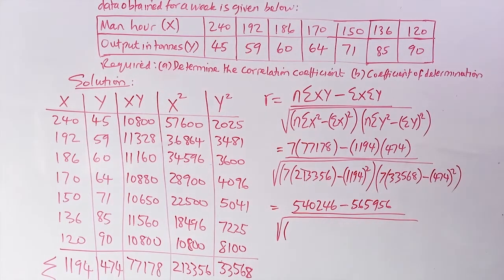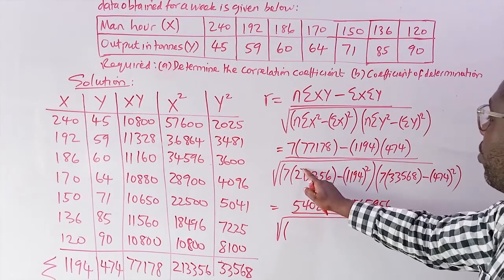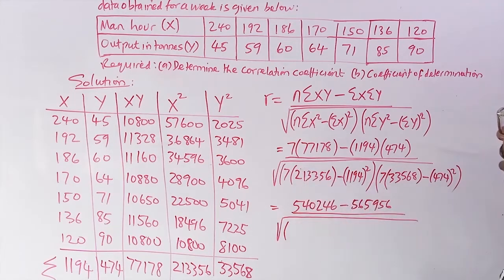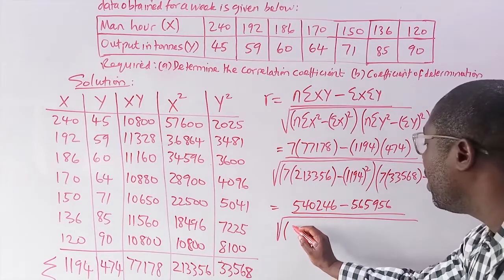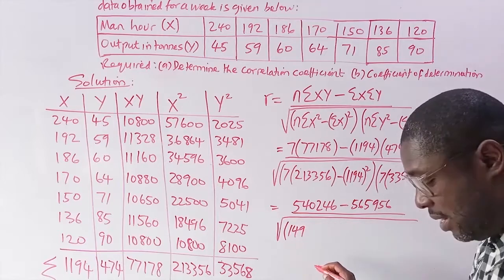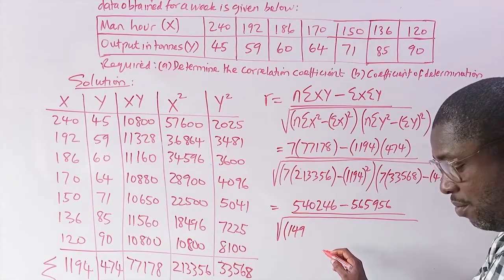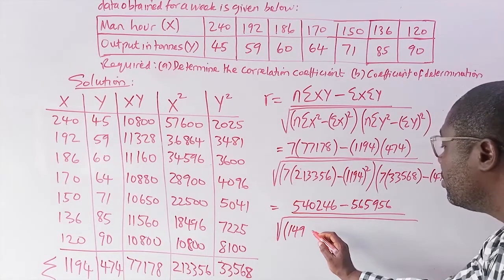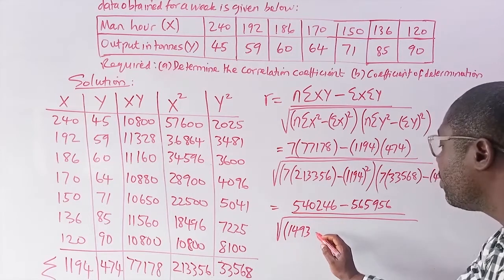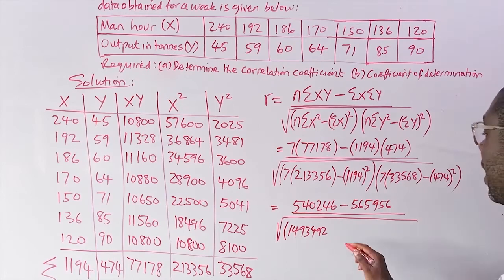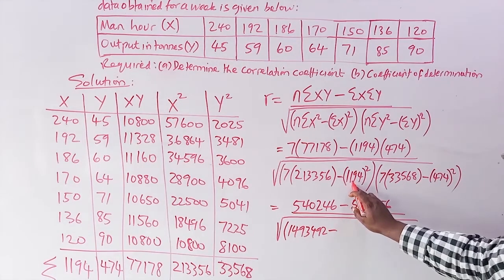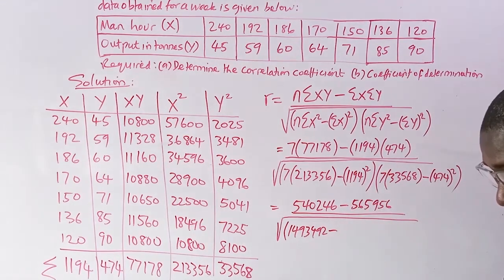So 7 times 213,356 should give us 1,493,492. Okay, minus the square of 1194.